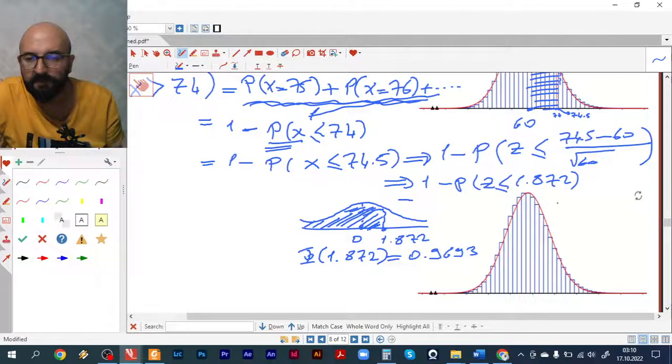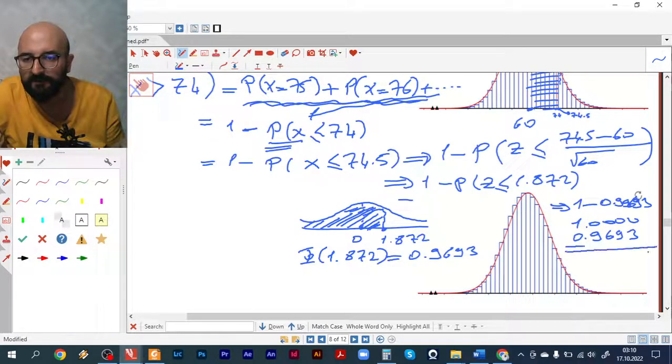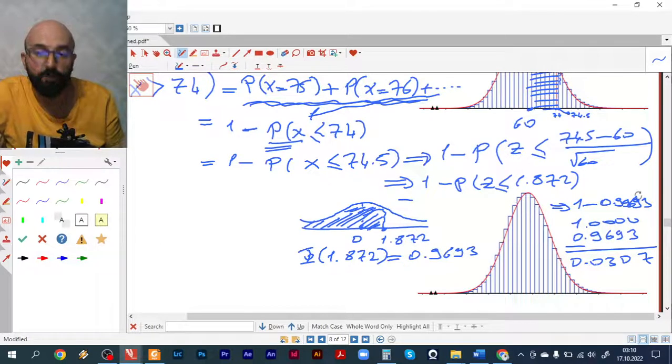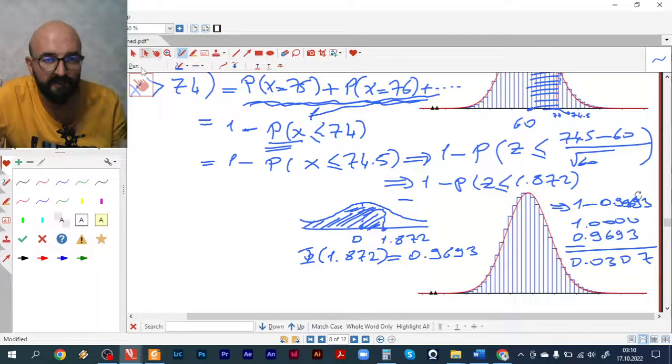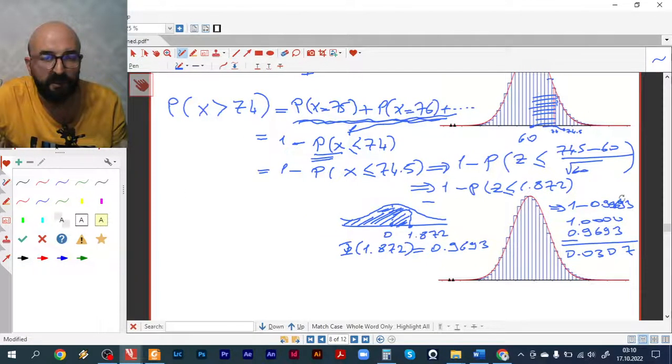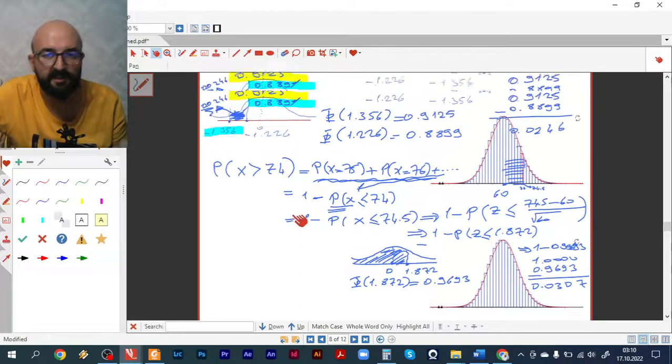We want 1 minus 0.9693, and it means 0.0307 is our result.